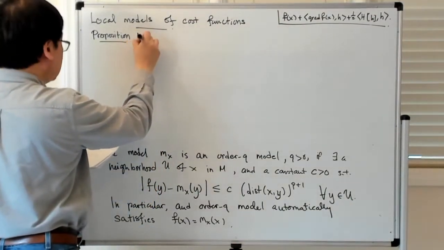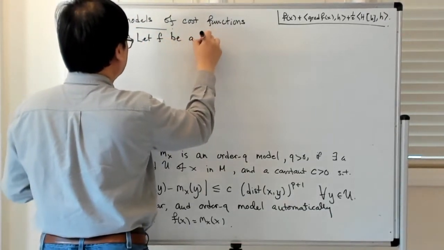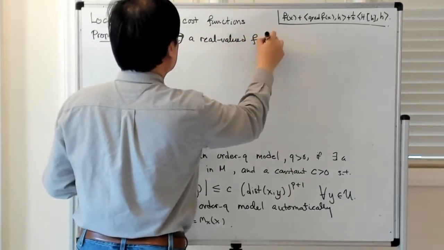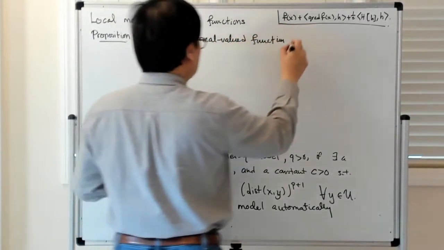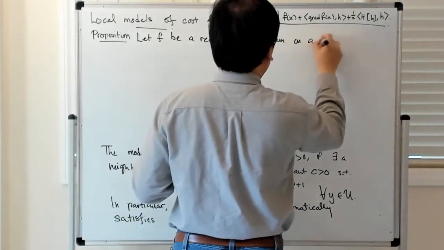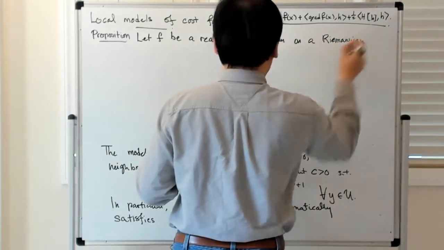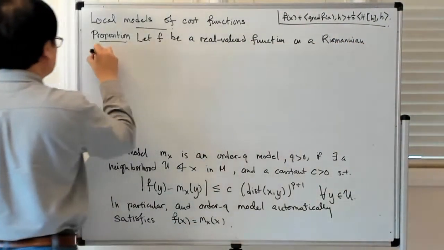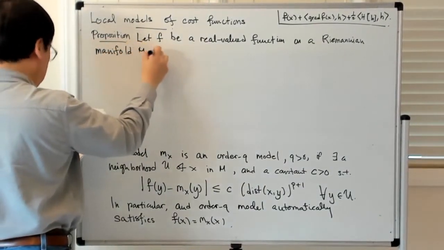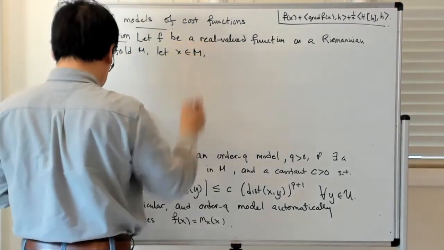Okay, so let f be a real valued function on a Riemannian manifold, and let x be a point on this manifold.